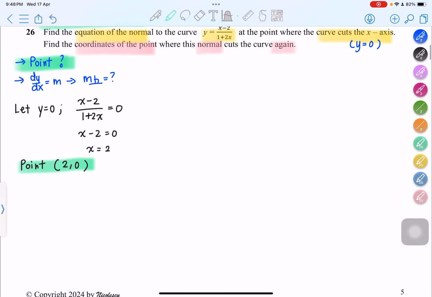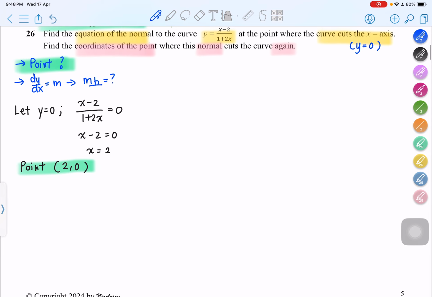Now for the second part, I'm going to differentiate the curve. My curve equation is a fraction, so we're going to use the quotient rule.